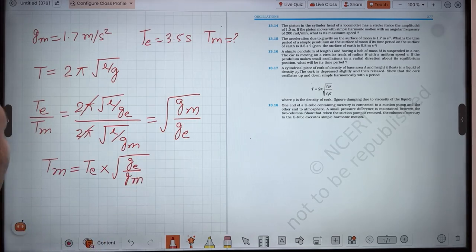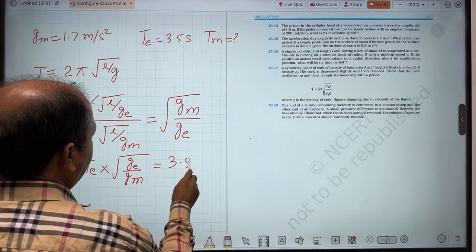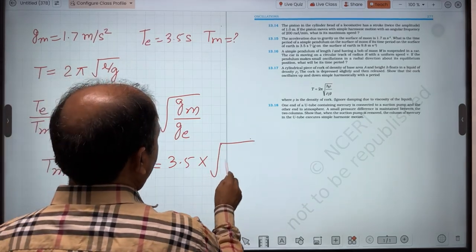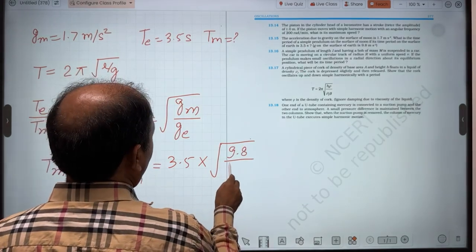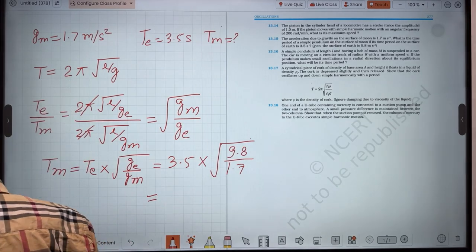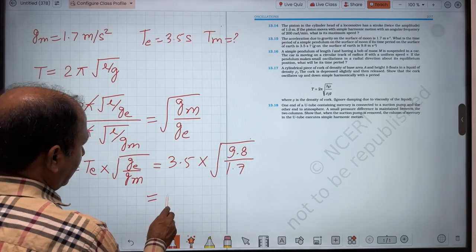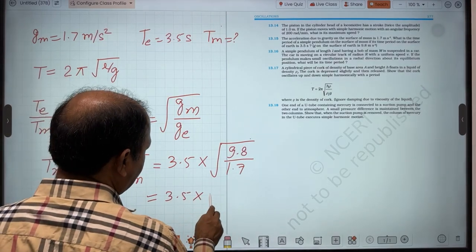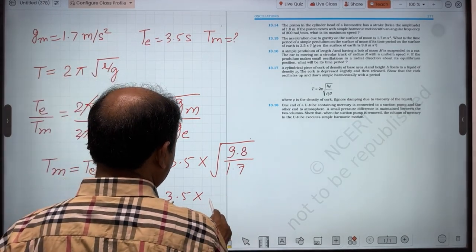Now, T earth is given in our question as 3.5, multiplied by square root of g earth, which is 9.8, divided by g moon, which is 1.7. So what will it give? 3.5 multiplied by around 6 times, almost 6 times you can say.